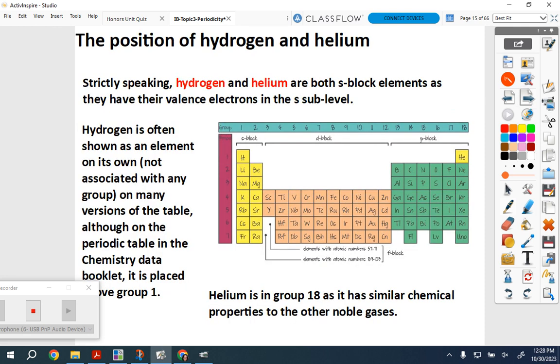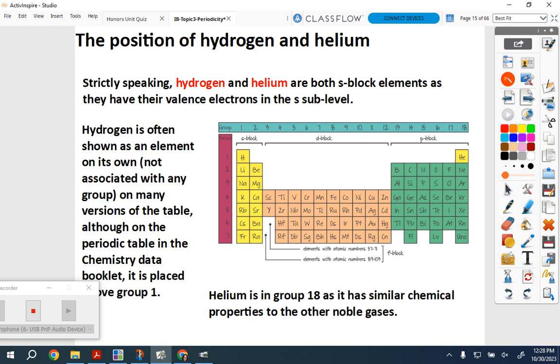And also hydrogen is sometimes in some periodic tables just taken out of group 1. It's in group 1 because it has one valence electron, like all the other group 1 elements, but it otherwise has very little relationship to the properties of the other group 1 elements. So sometimes you'll see hydrogen just by itself in the middle somewhere. Yeah, no, because it really doesn't have the properties of 17 either.